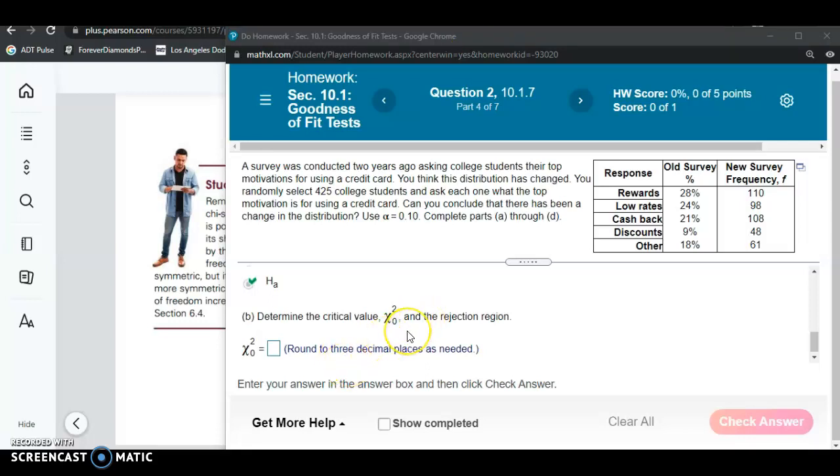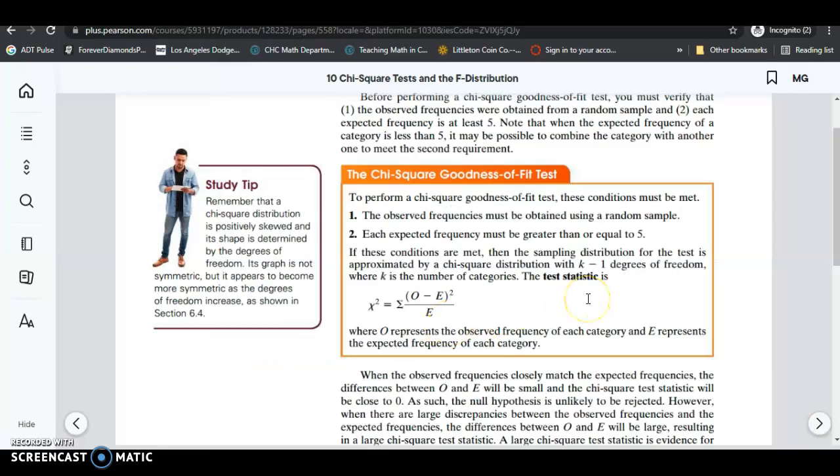To identify the critical value from a chi-square distribution, you need the level of significance, and whether it's a left-tailed, right-tailed, or two-tailed test. So obviously this is a right-tailed test. And you need the degrees of freedom. According to the information here, the degrees of freedom is k minus 1, where the letter k represents the number of categories.